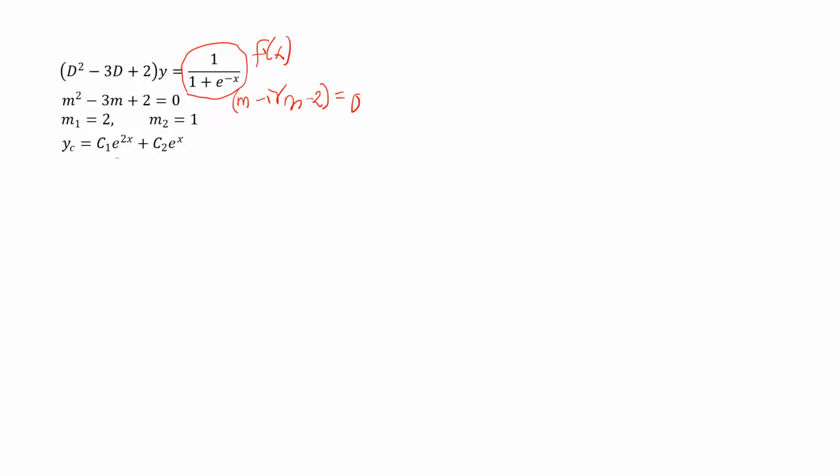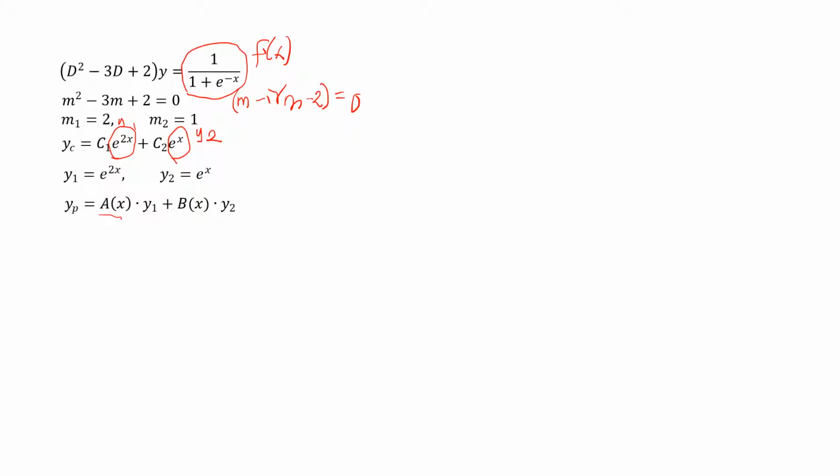Now notice that this is now our y1 and this is now our y2. So your y1 is e to the 2x and your y2 is e to the x, and your particular solution is a(x) y1 plus b(x) y2.